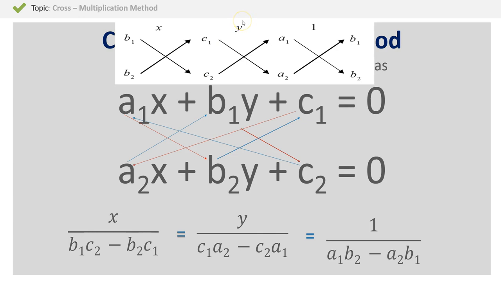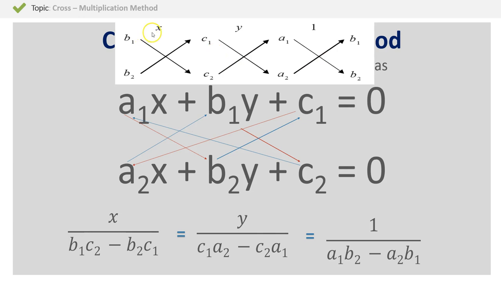Then you go to y, ignore the coefficient of y, and then you write c1 a2, and you write c2 a1. Then you go to the constant term, ignore the coefficient of the constant term and look into a1 to b2 and a2 to b1.